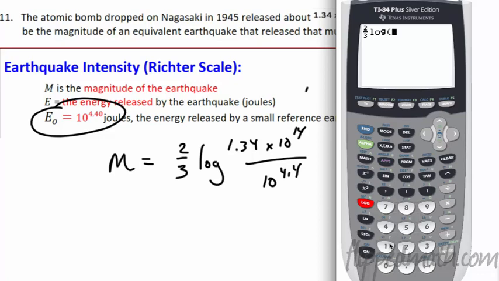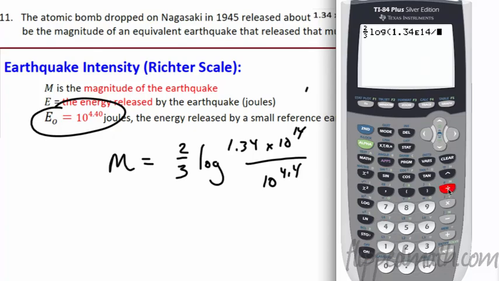I'm going to write that as 1.34, and I'm going to use this E that's above the comma there. Remember, in your calculator, E to the whatever means we're using exponential notation. That's actually scientific notation. It's 1.34 times 10 to the 14th. That's what that means.